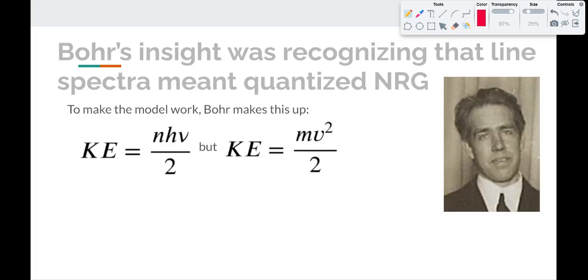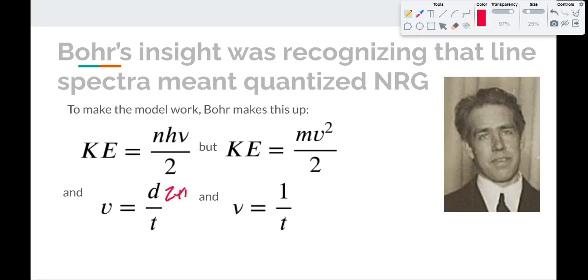Kinetic energy is 1/2 mass times velocity of the particle squared. So that means those two could be set equal to each other. And velocity is distance divided by time, and frequency is 1 over time. It's just the reciprocal of time. So if you put this together, you can start to make some headway here. So first of all, what's the distance that's being traveled in an orbit?